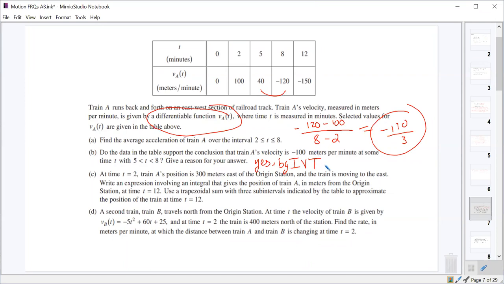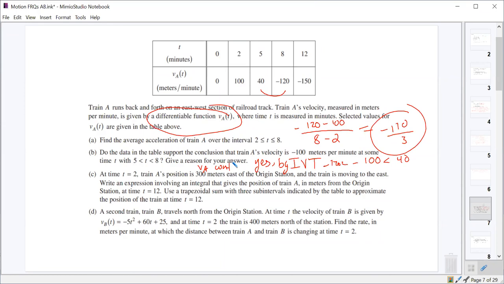You want to say yes by IVT, you'd say that negative 100 is less than 40, greater than negative 120, and that V sub A is continuous. And you want to give a reason why it's continuous. It's continuous because it's differentiable. Good? Any questions on B?